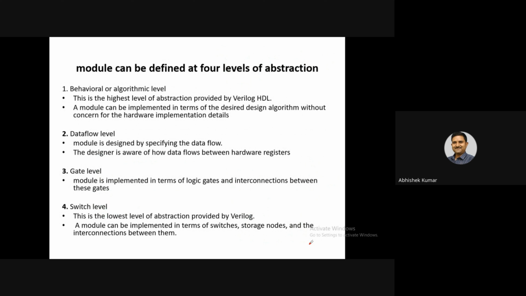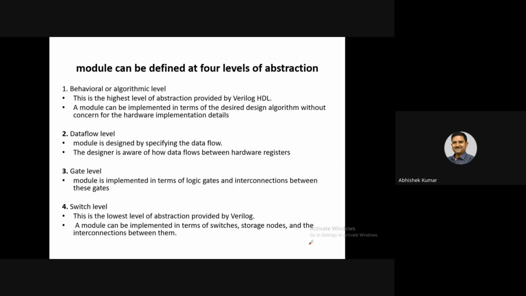The second method is the data flow model. The third method is the gate level model, and the fourth one is the switch level model. So there are four types of modeling styles we are going to learn in Verilog: behavioral model, data flow, gate level, and switch level.